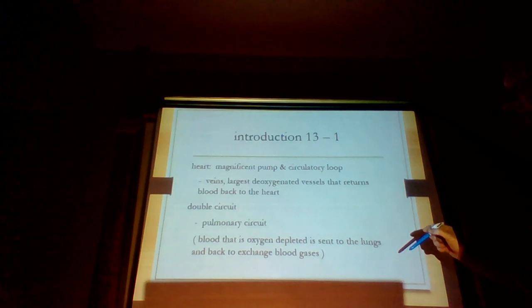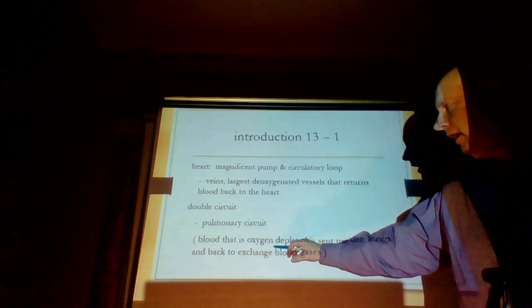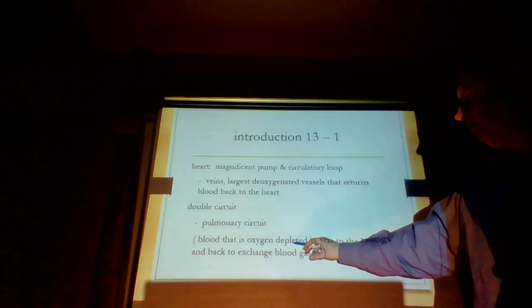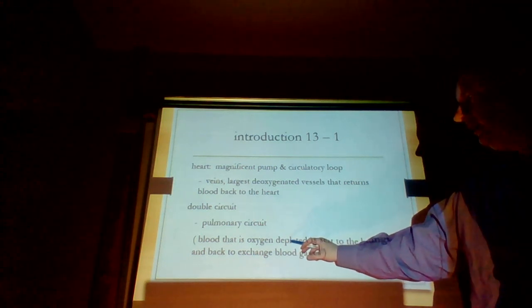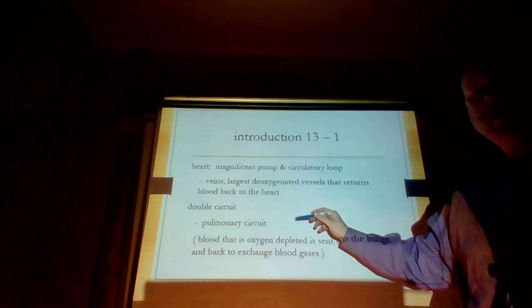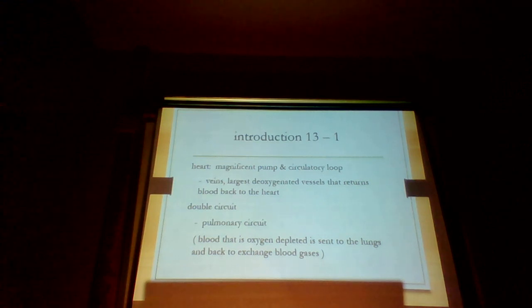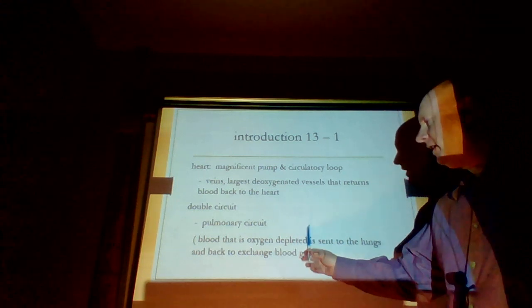So what that means then is that even though it's oxygen depleted, that's one of the clues to keep in mind, okay? It's going to be a blue artery, because it lacks oxygen. So it's going away from the heart, so that makes it an artery, and it's oxygen depleted, so that's what makes it blue.